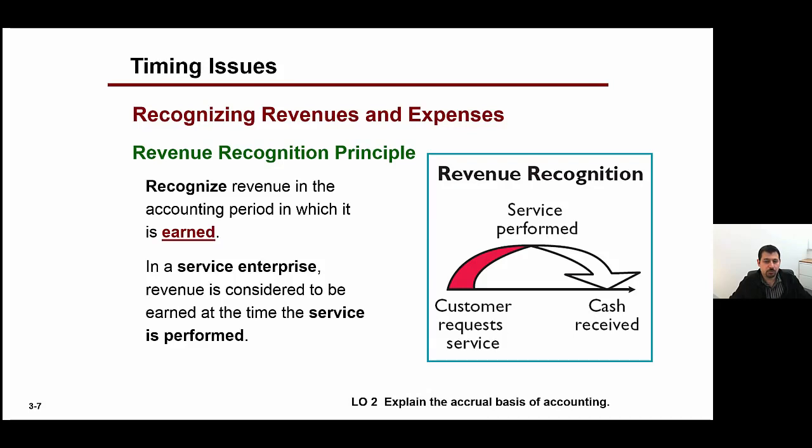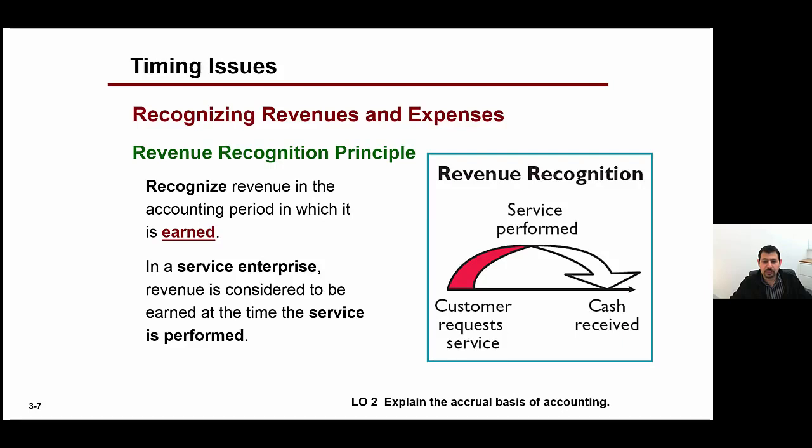Now, under this basis of accounting, the revenue recognition principle states that the company should recognize the revenues when they are earned. So basically, it's when the service is performed, regardless of when the cash was exchanged. So this is in the case of a service, and in the case of a sale, same thing.